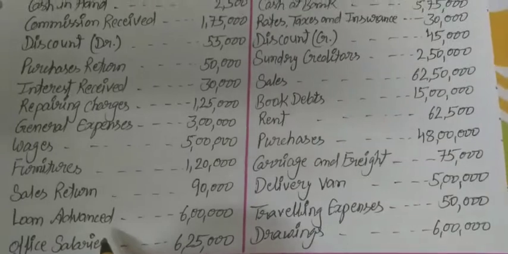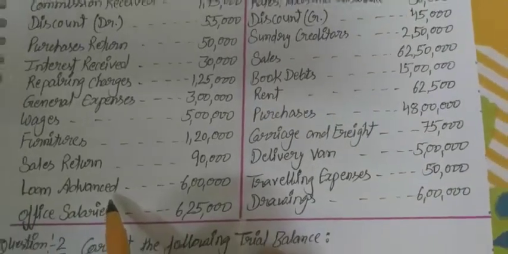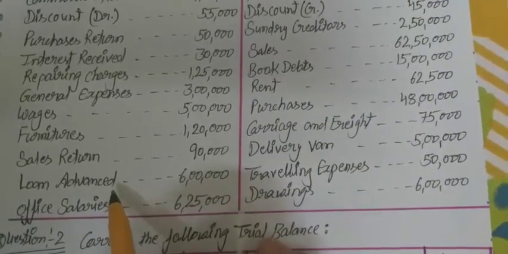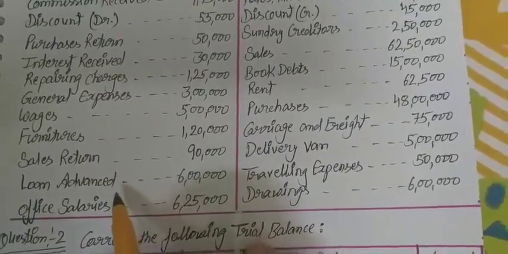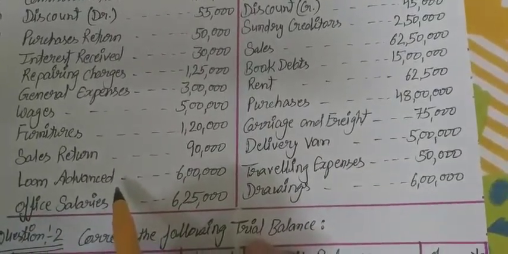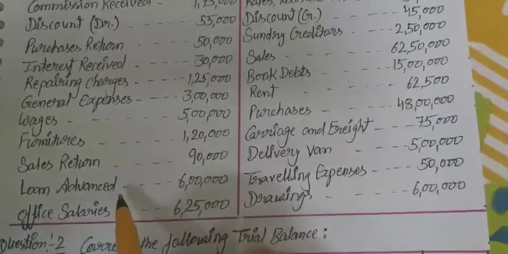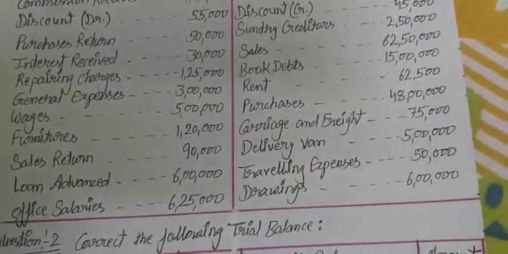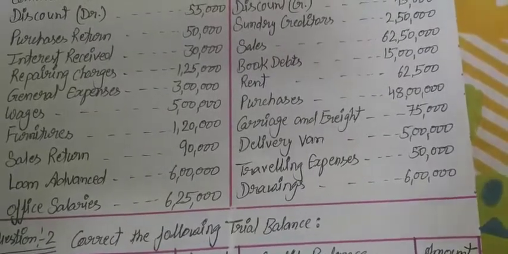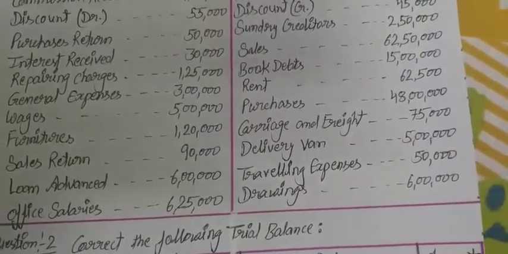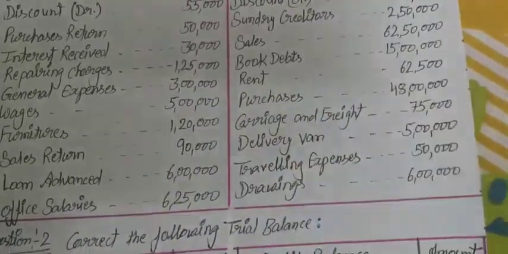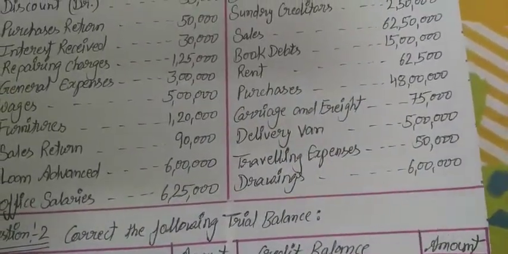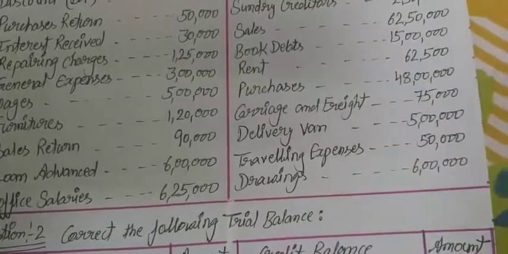Here is the term loan advance. If there is any term related to loans and advances, it means this is a loan given to others. It means the business has given a loan to an outsider; the business has not taken a loan, the business has given the loan. So here the difference between debit and credit will come.